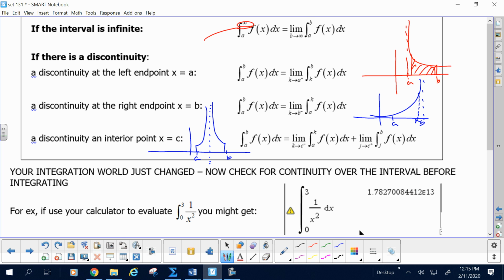You might create a K to approach that C from below. K is arbitrary, use whatever you want. And a J to approach from above, and you'd have to do two limits. These limits cannot usually be combined.